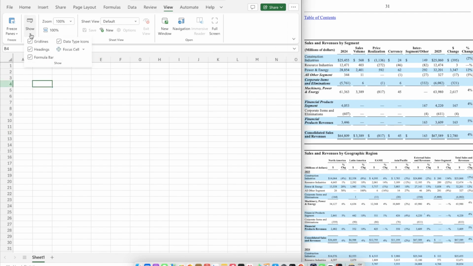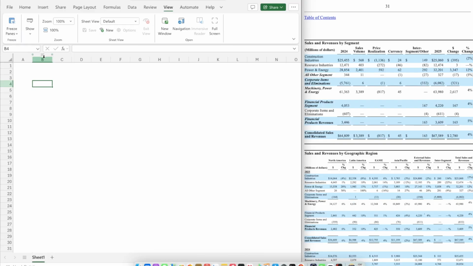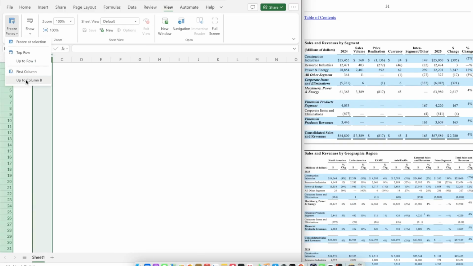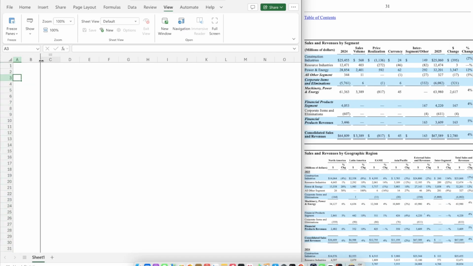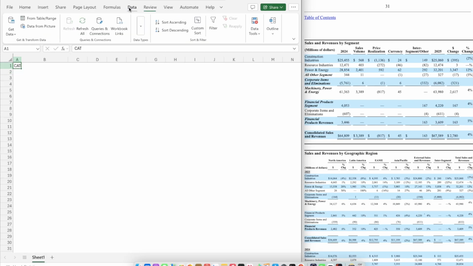The first thing we always do, we remove the grid lines. And we're going to freeze the first two panes, so freeze up to column B. Make your A column smaller. Make your B column larger. And in cell A1, we type CAT, which is the ticker for the company. Go to Data, then Data Types.